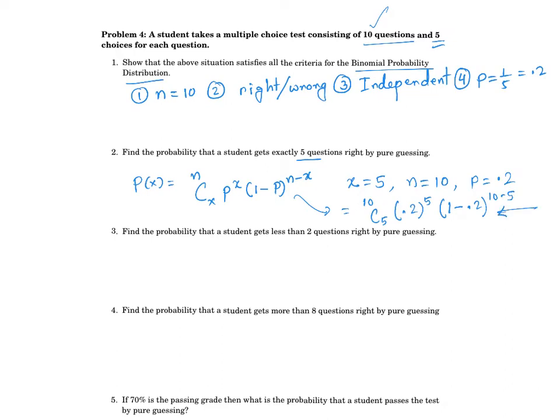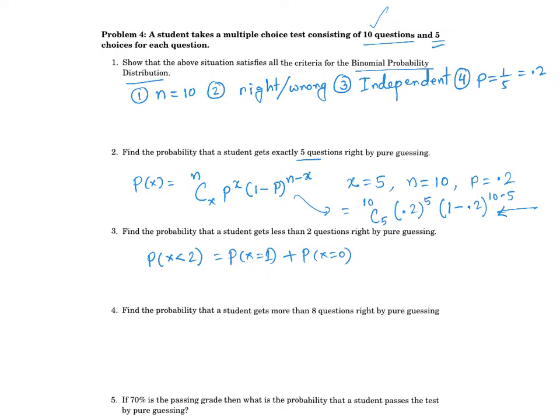Find the probability that the student gets less than 2 questions right by pure guessing. So the probability of x less than 2 means the probability of x is equal to 1 plus the probability of x is equal to 0. Obviously you cannot get less than 0 questions. Similarly, you're going to find another one here.